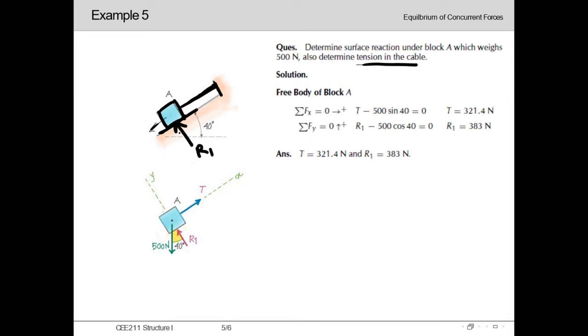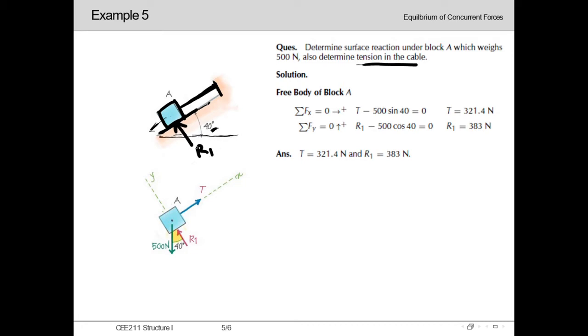This surface is an inclined one, and the angle of inclination of this surface is 40 degree with the horizontal surface.